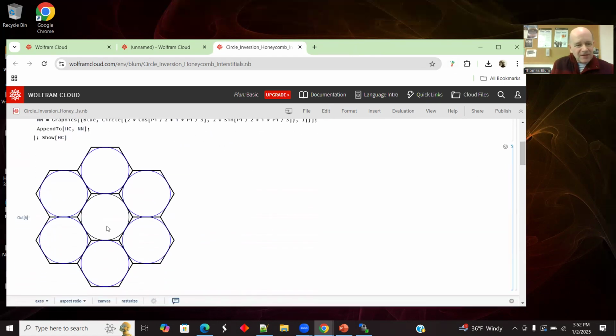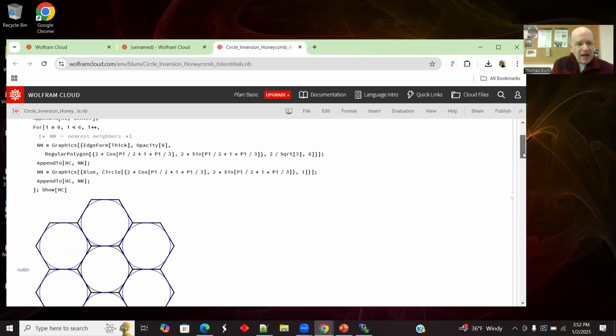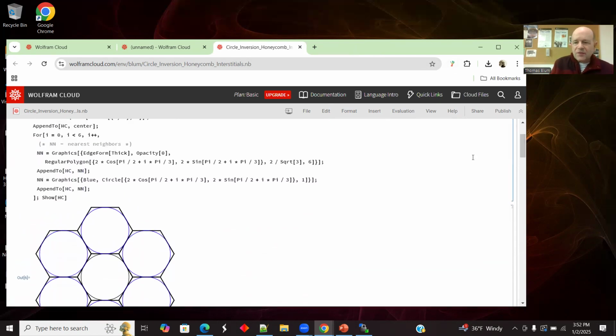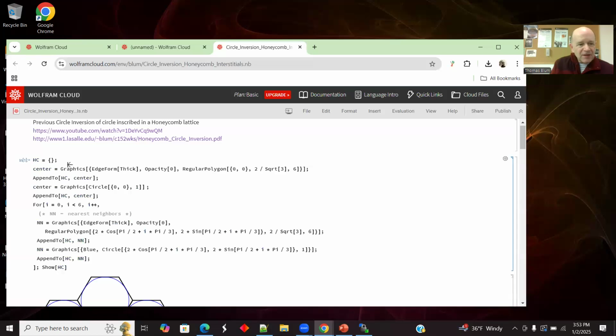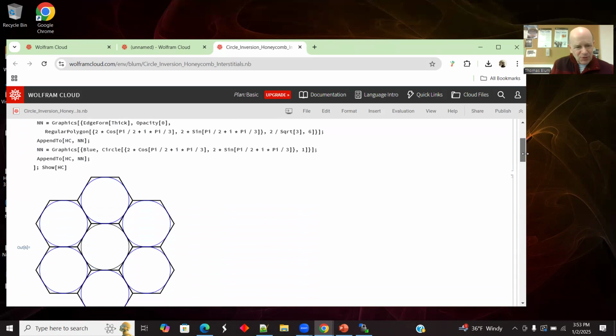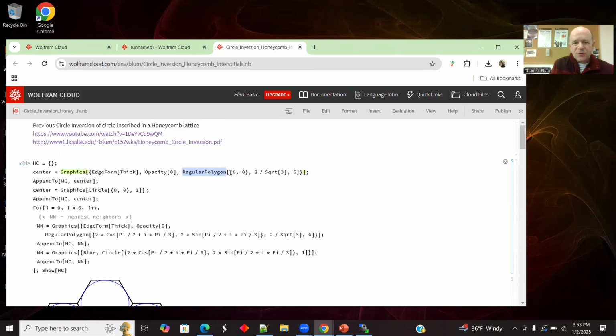I have this honeycomb lattice of hexagons with circles inscribed in them. Here's my regular polygon under Graphics. So I'm using the graphics in Wolfram Cloud, and this is that center hexagon, and it's centered at 0, 0.